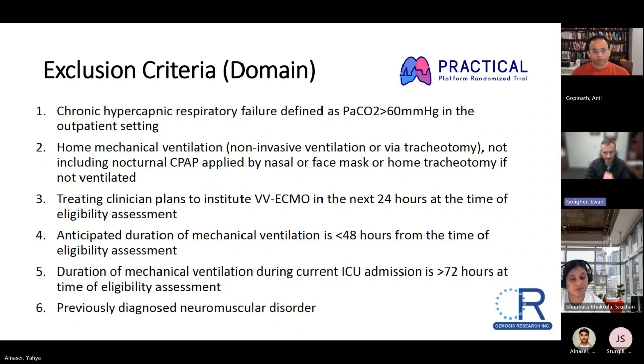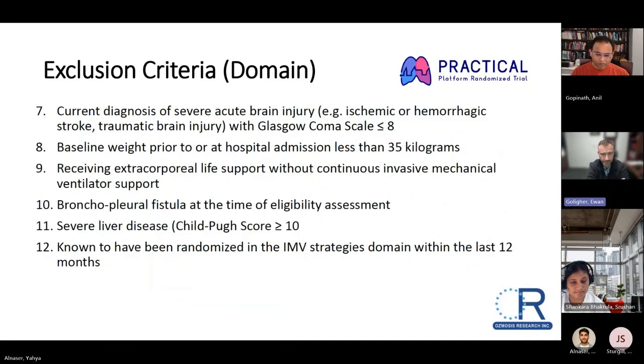So we would exclude patients who've been on the ventilator for longer than 72 hours because we want this to be an early intervention. And then we would exclude patients who have a previously diagnosed neuromuscular disorder.